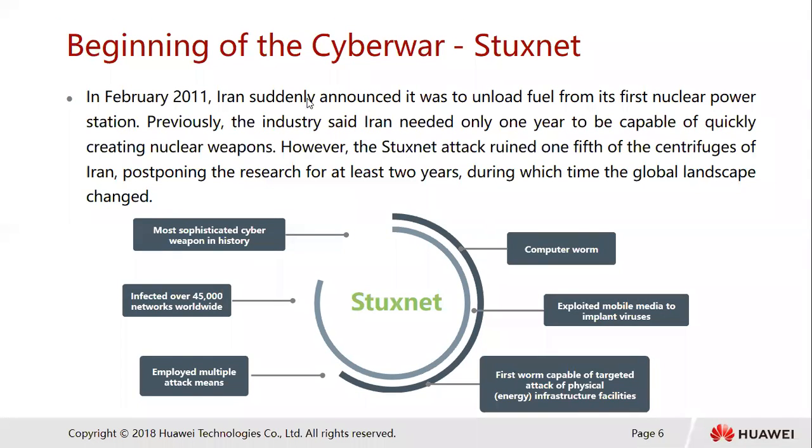So this was the first worm which was able to attack a physical infrastructure. Stuxnet was a computer worm, which means it had the capacity to move over a network, okay?